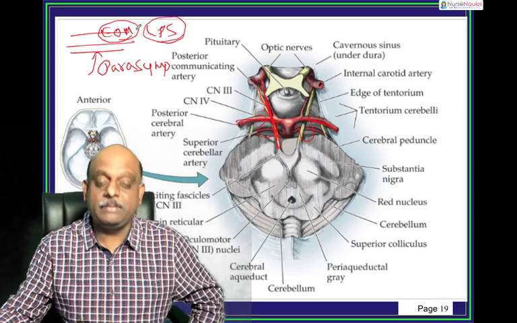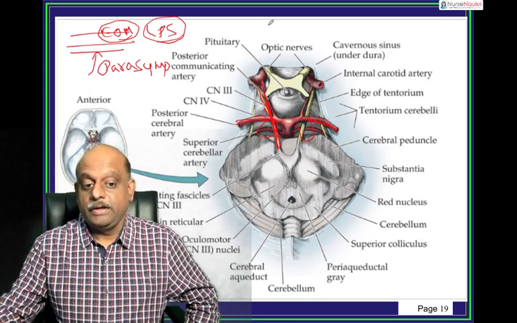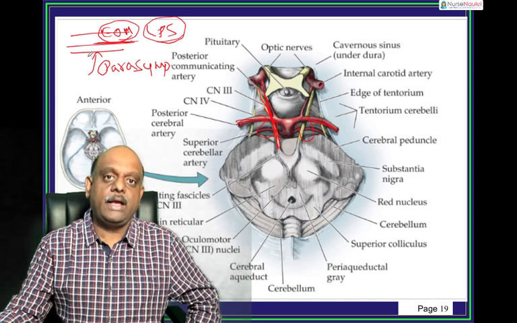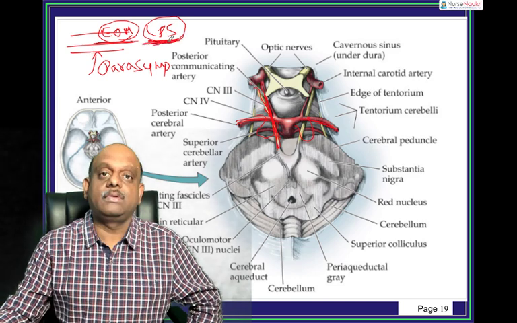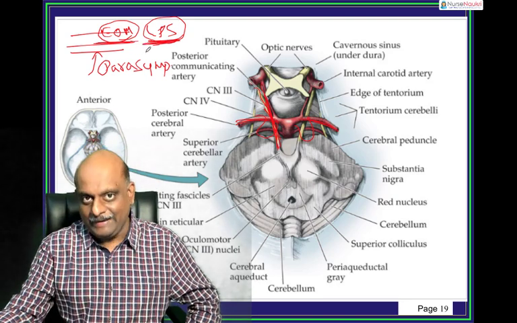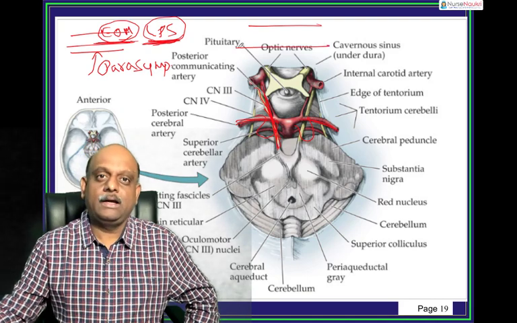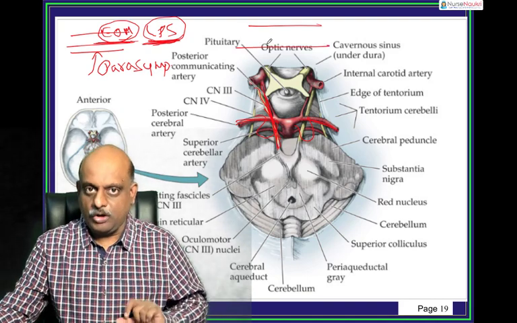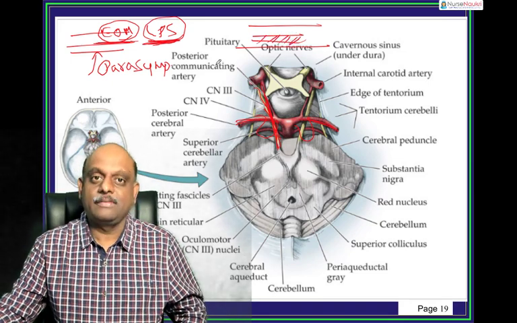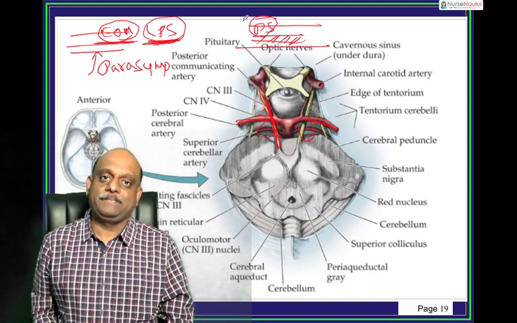Right, motor fibers. Now, if you look at these motor fibers going to the extraocular muscles and the levator palpebrae superioris, they are in the center of the oculomotor nerve. In the periphery are the parasympathetic fibers.